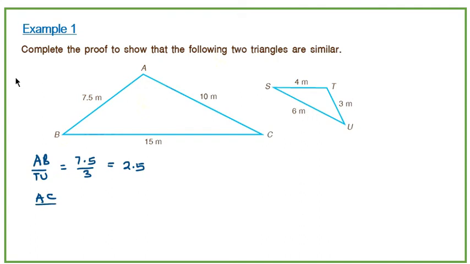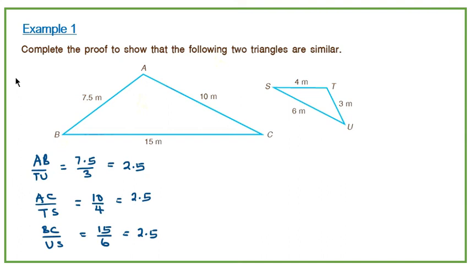Okay, then another one we have AC corresponding with TS, so that will give us 10 out of 4, which is also 2.5. Okay. Then lastly, we have BC corresponding with US. So that will be 15 out of 6, and that will be 2.5. Okay.